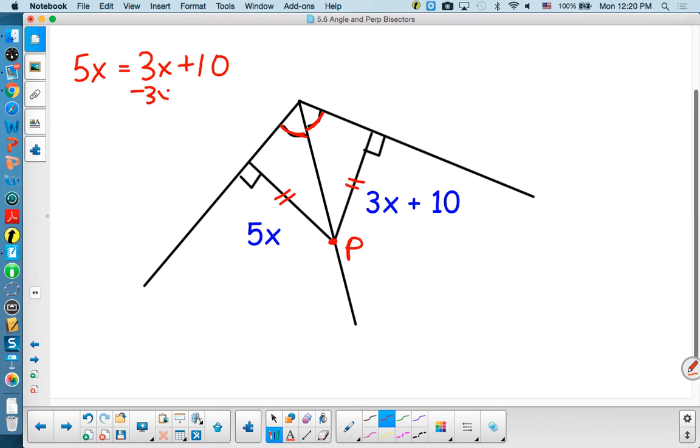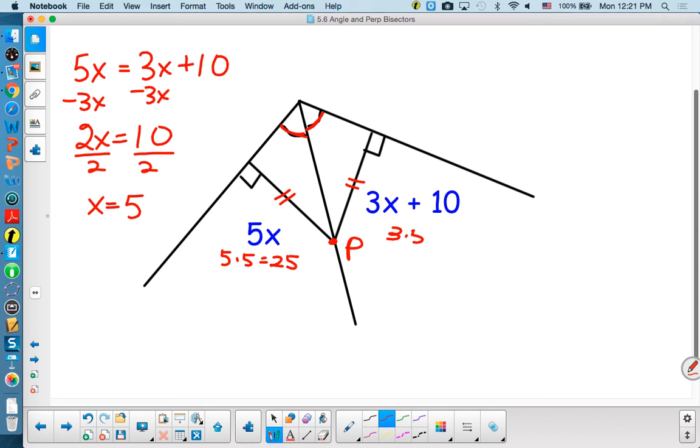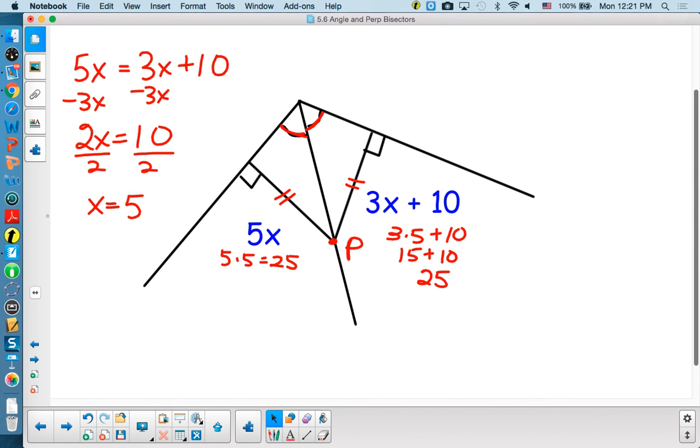Subtract 3x, divide by 2. This time x is 5. And to double check, 5 times 5 is 25. 3 times 5 plus 10, 15 plus 10, that's also 25. So I do have the right answer, both lengths were 25.